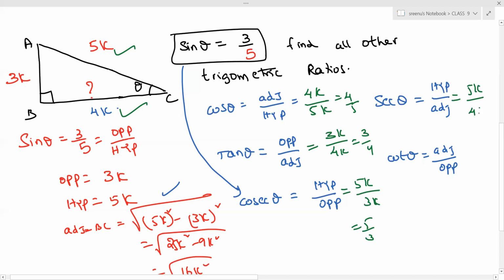Cosecant: hypotenuse 5k, opposite 3k, is 5 by 3. Secant: hypotenuse 5k, adjacent 4k, is 5 by 4. Cot: adjacent 4k, opposite 3k, is 4 by 3. That's all. The sum is completed.